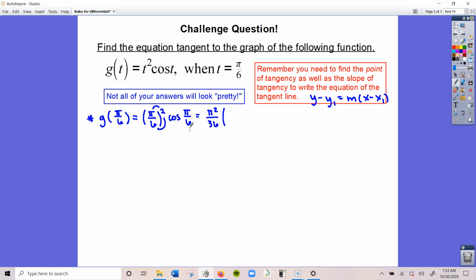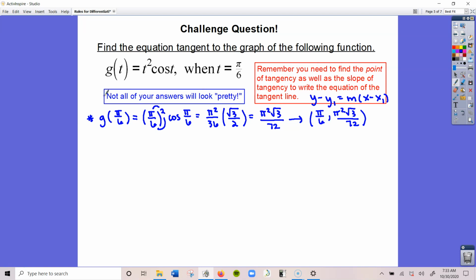And the cosine of pi over 6 is the square root of 3 over 2. Therefore, g of pi over 6 is equal to pi squared square root of 3, all over 36 times 2, which is 72. So my point of tangency is pi over 6, comma, pi squared square root of 3 over 72.